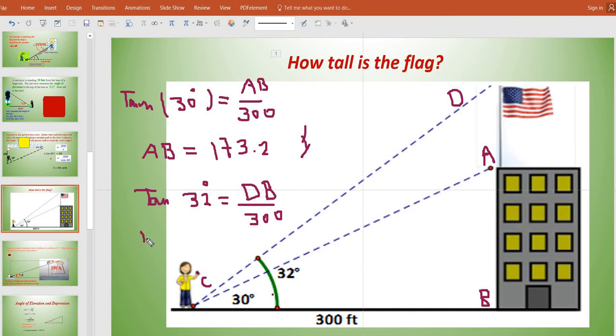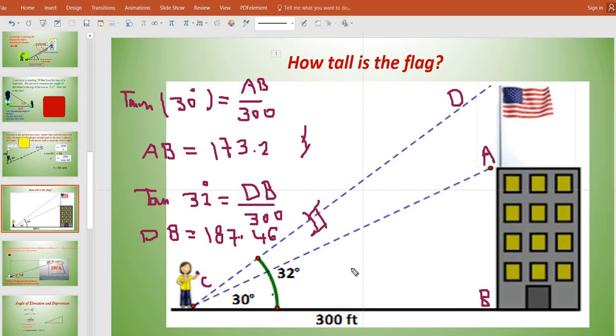Cross multiplication, we get the length of GB equals 187.46. That's the second step.